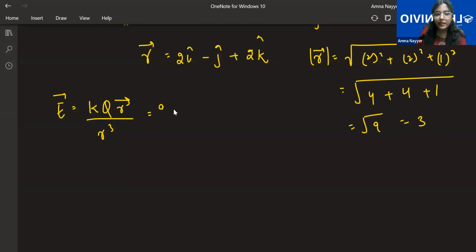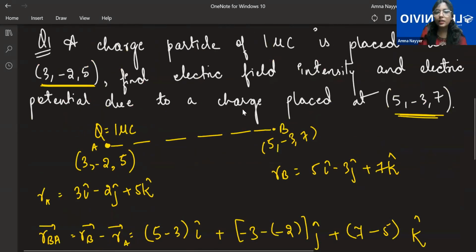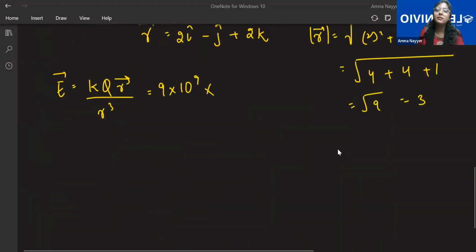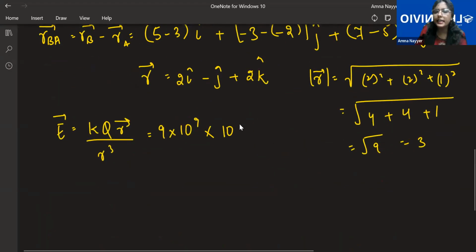So here, K will be 9 into 10 to the power 9. Charge. What is the value of charge that we should put in the formula directly? See, from the question, tell me. Yeah, 1 into 10 to the power minus 6. Yes, very good. So I'm writing 10 to the power minus 6.